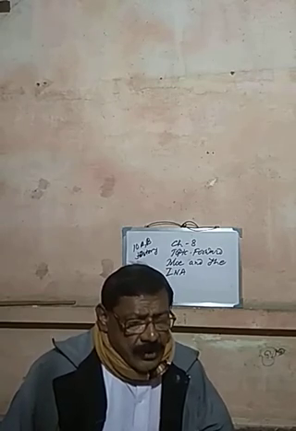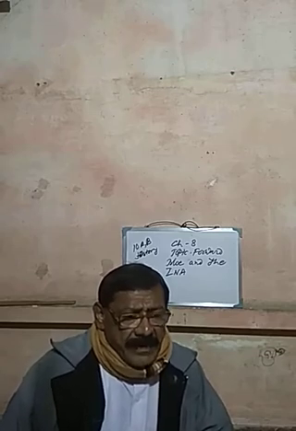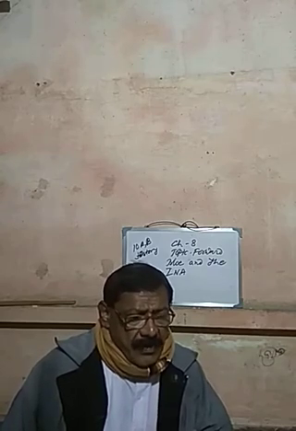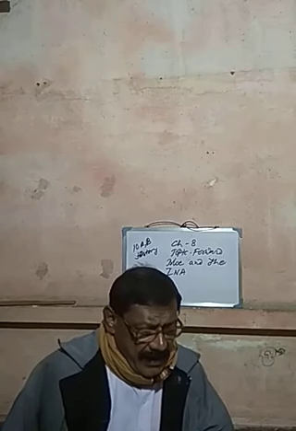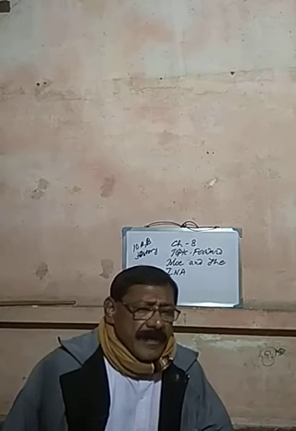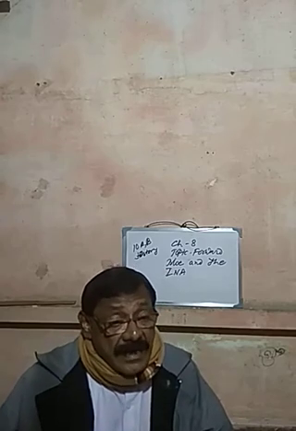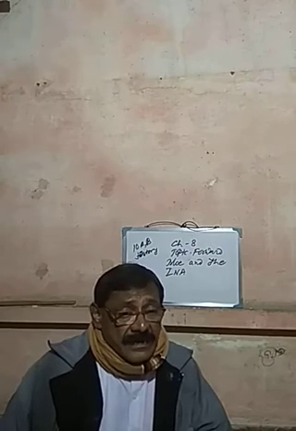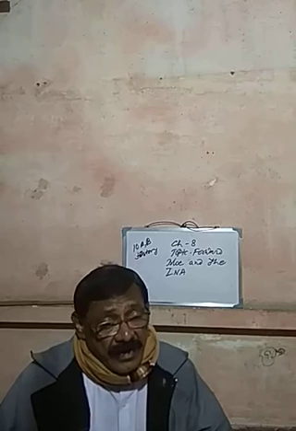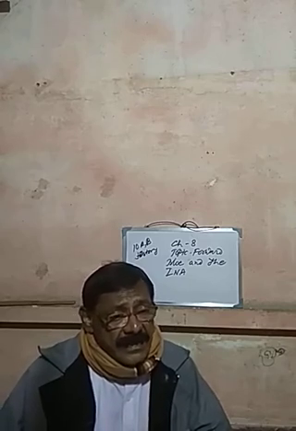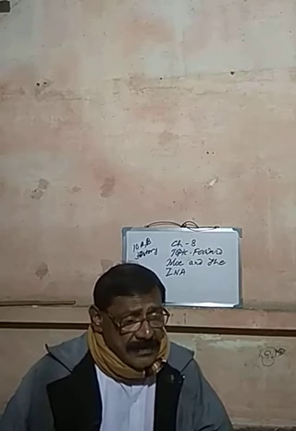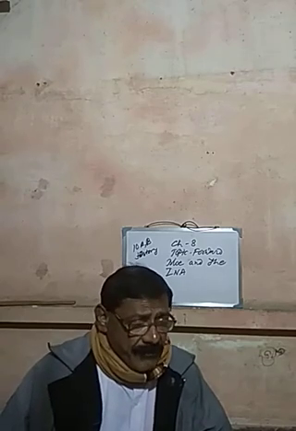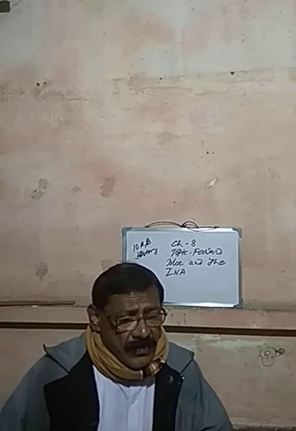INA and Netaji Subhash Chandra Bose occupied certain areas of the eastern frontier, reached Assam and raised the tricolor flag of India, but ultimately were unable to get success. Why? Because of the surrender of Japan in the Second World War. As soon as Japan surrendered, the Second World War ended, and Netaji Subhash Chandra Bose was unable to make the country free from British control.